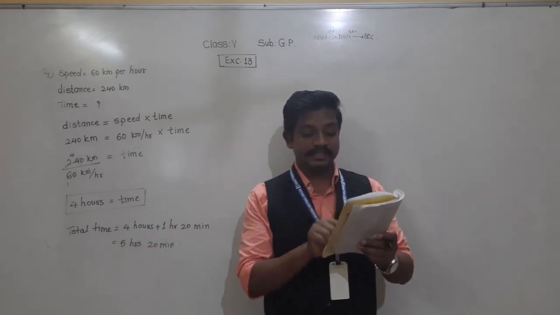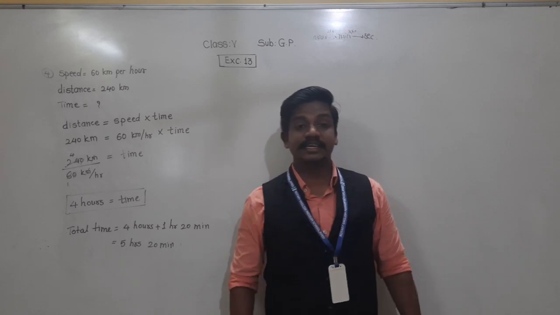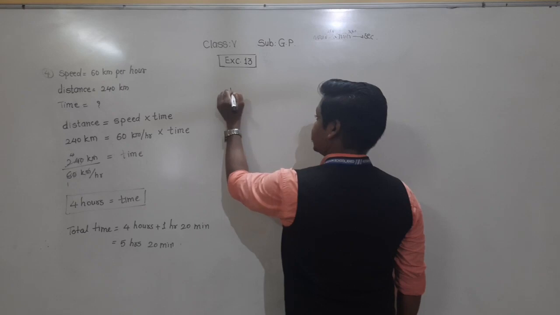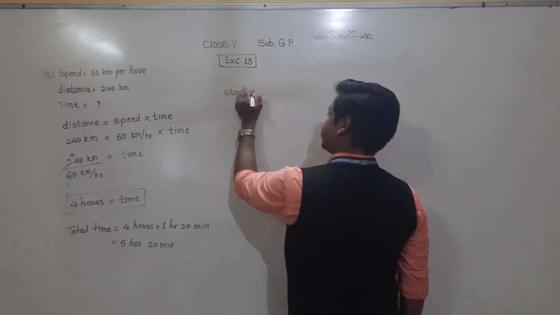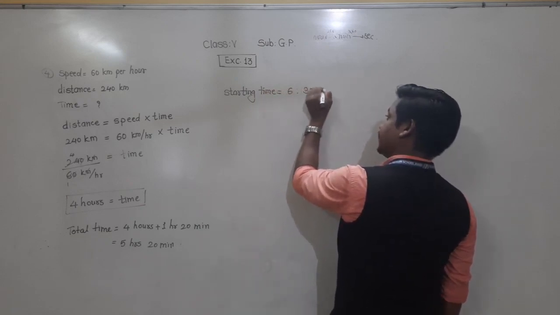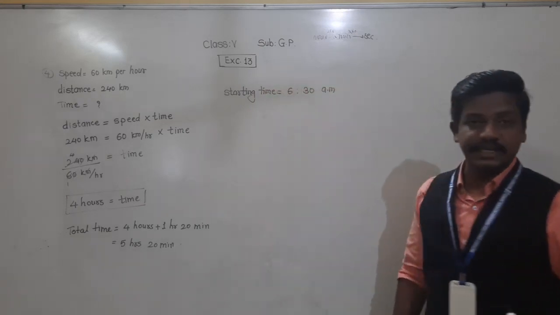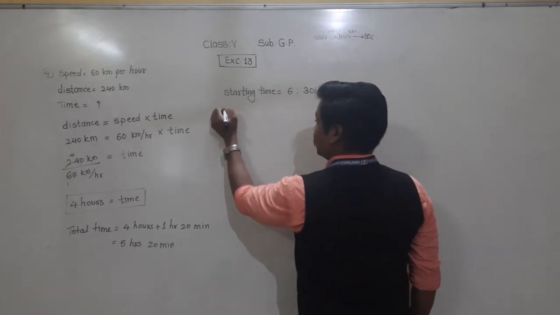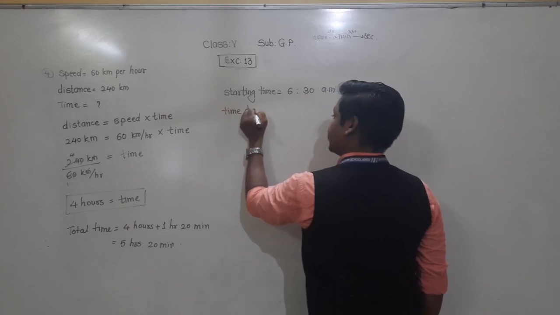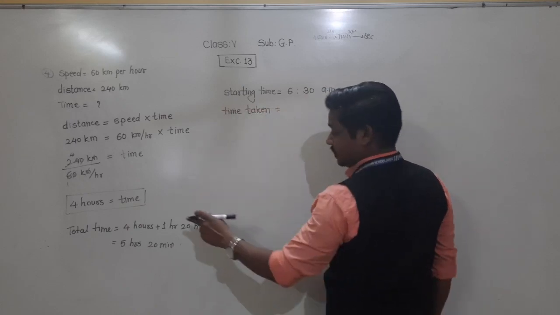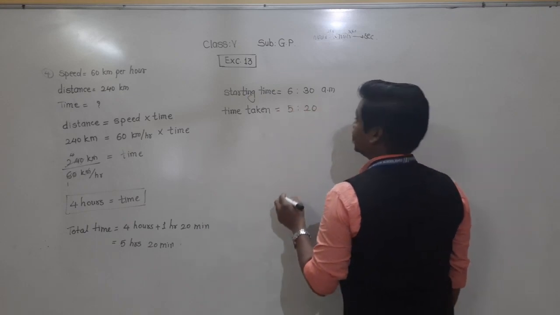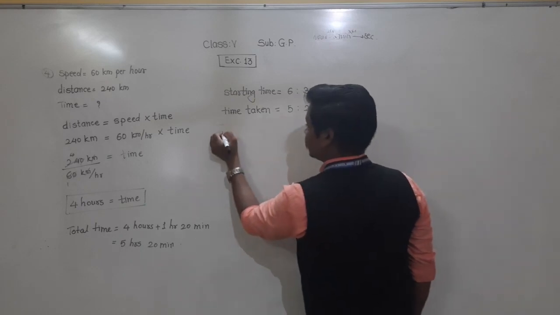And see in the first sentence, he has started at 6:30 a.m. in the morning. Starting time is 6:30 a.m. Okay, so he has started at 6:30 a.m. How much time he took? Time taken for journey is 5 hours 20 minutes. Okay, 5 hours 20 minutes. Then at what time did he reach?